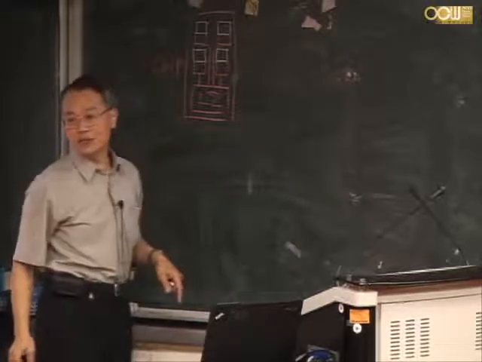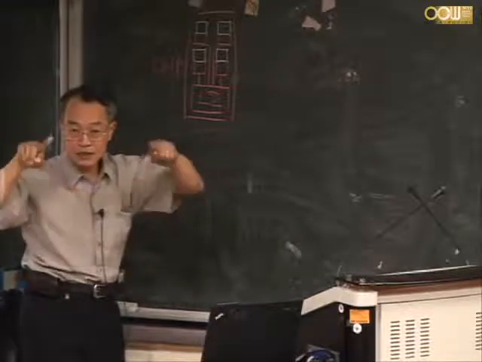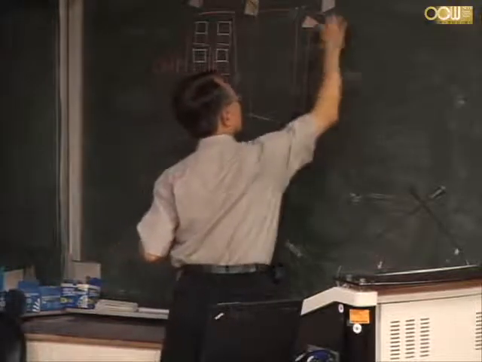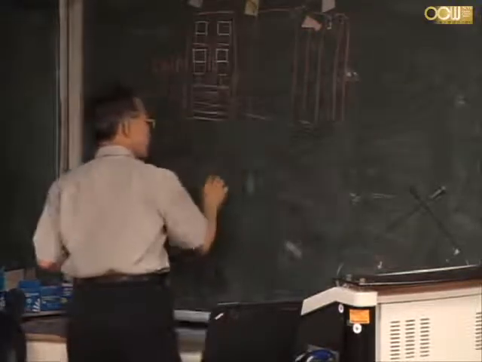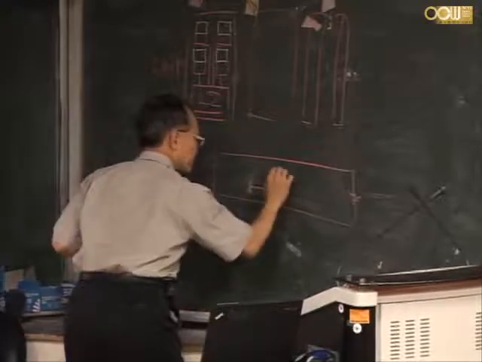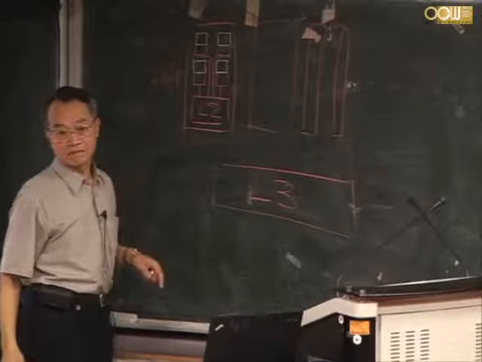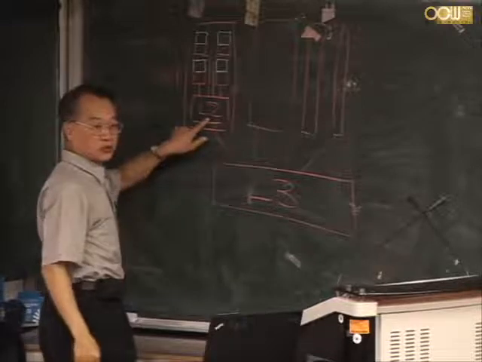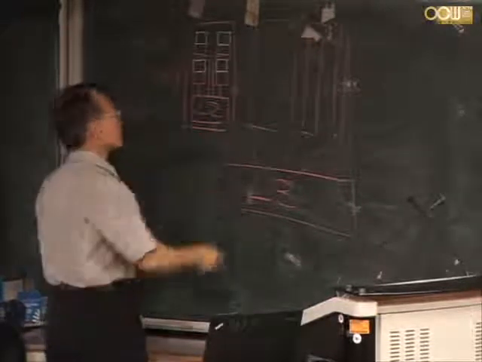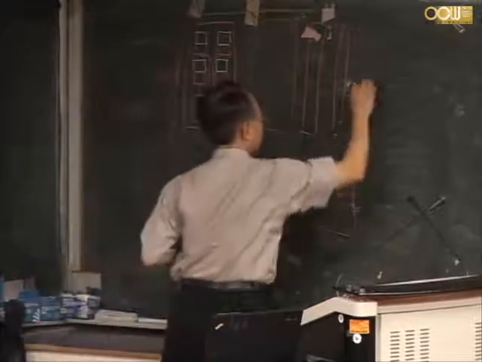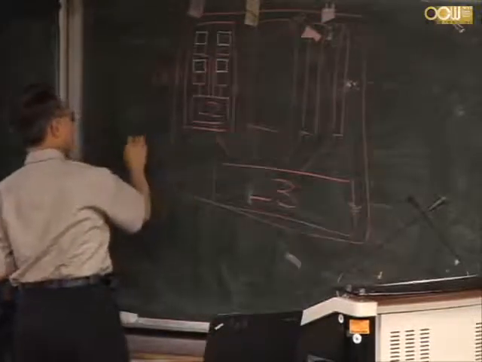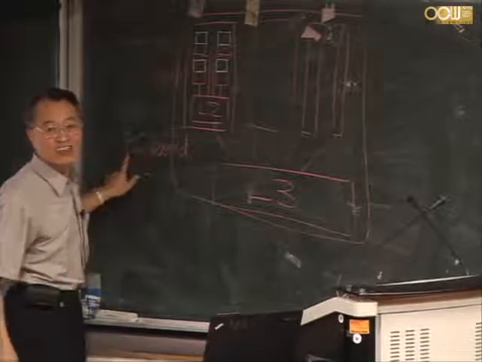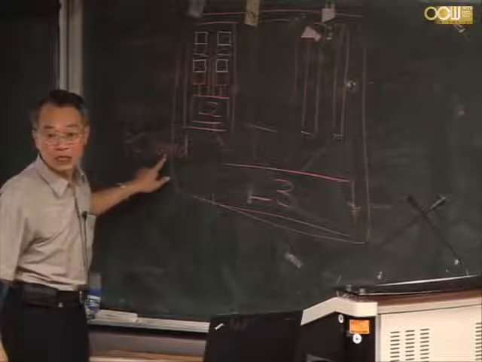How many such chips do you have on a PC board? Maybe several. They might share yet another level of cache, L3. Okay? Out from the L2, through the L2 to share the L3. So this becomes a PC board, PC standing for printed circuit board.